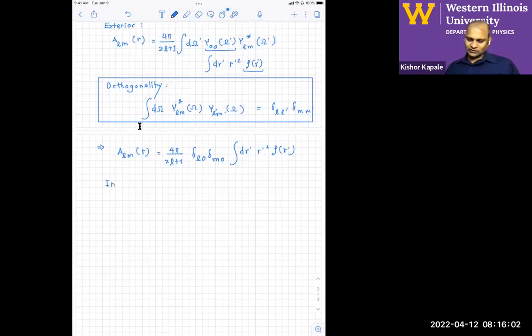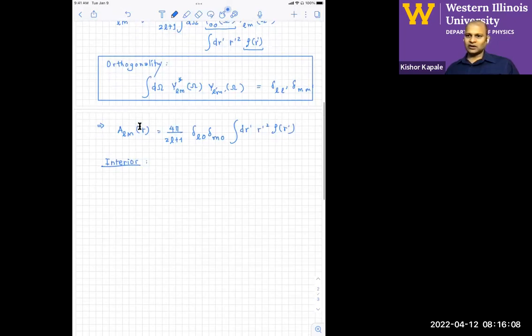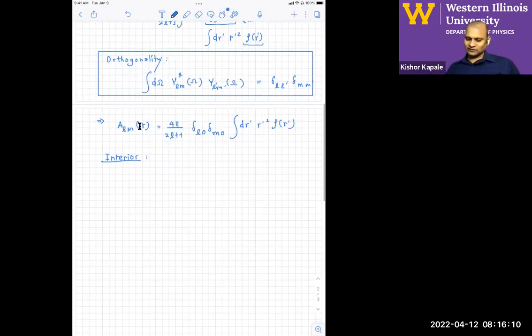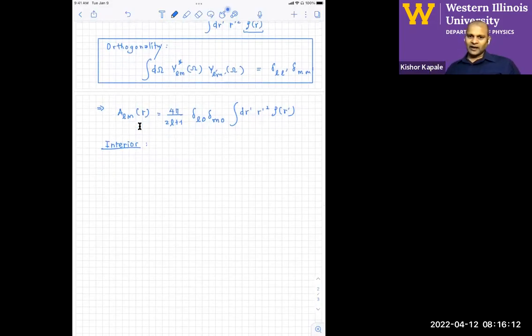Does anybody have any questions so far? Everybody gets what we are doing here? We're just taking the expression for ALMs and then adapting it to the particular situation that we have, where there is spherical symmetry.